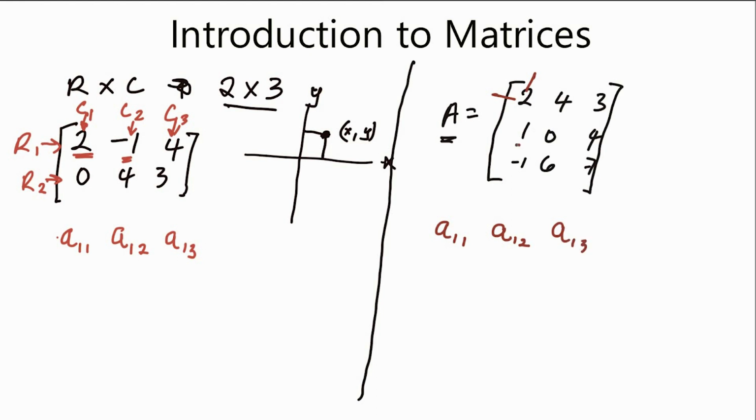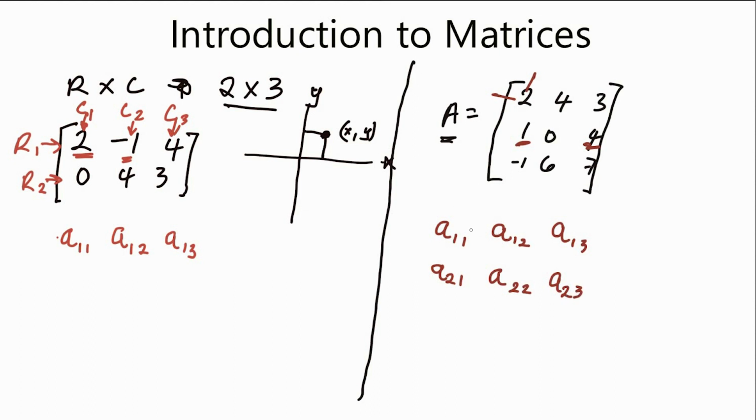We go to this 1 in the second row and first column. This will be A 2 1, because it is in the second row, column 1. Then 0 will be in A, second row, column 2. The 4 here is going to be A, second row, column number 3.